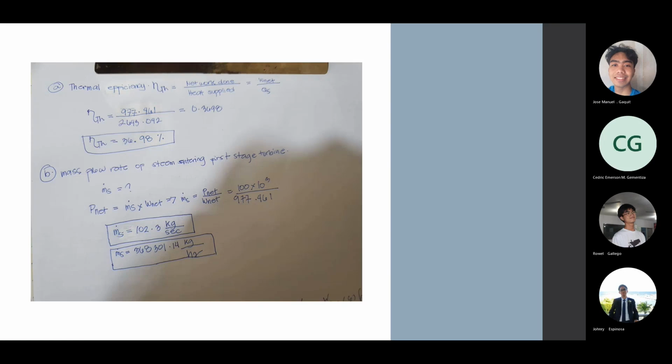So we'll be multiplying it by 3600 seconds to get it in kilograms per hour. So the final answer will be this one, 368,301.14 kilograms per hour.